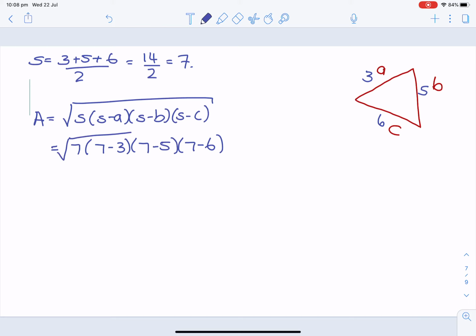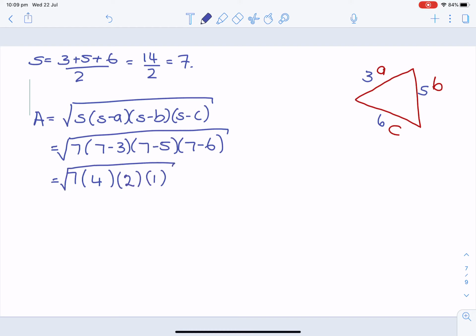A slightly smaller number to have to deal with. So I've got 7 still under my square root sign. 7 take 3 gives me 4. 7 take 5 gives me 2. 7 take 6 gives me 1.